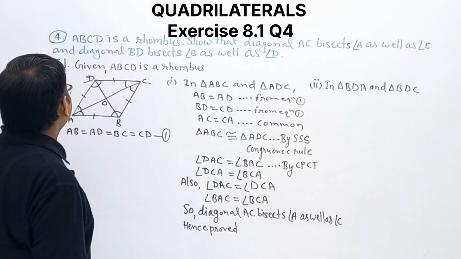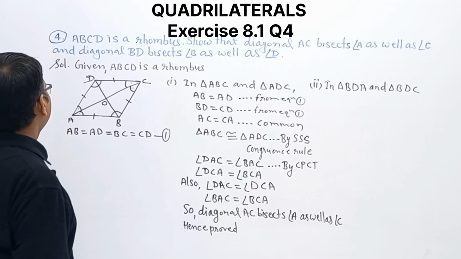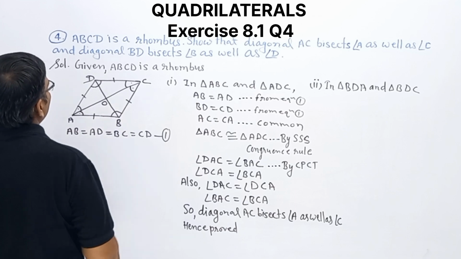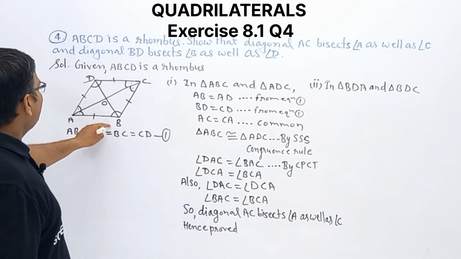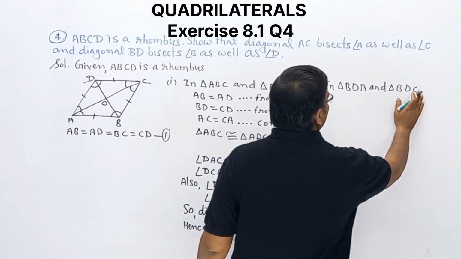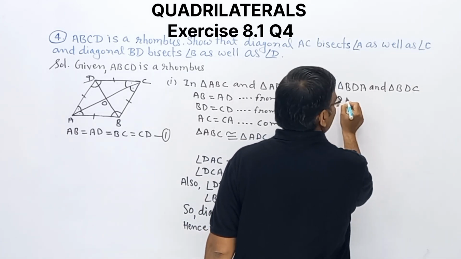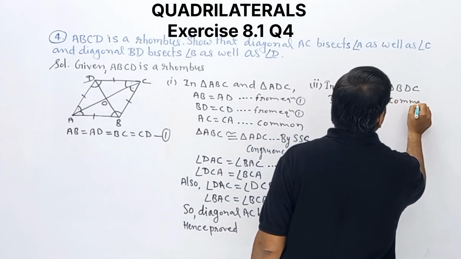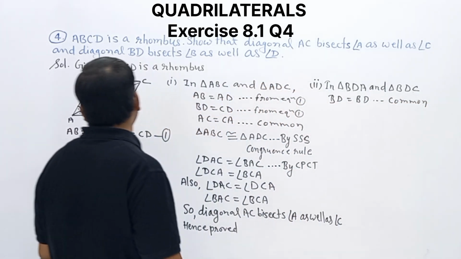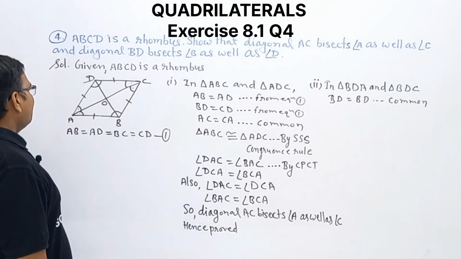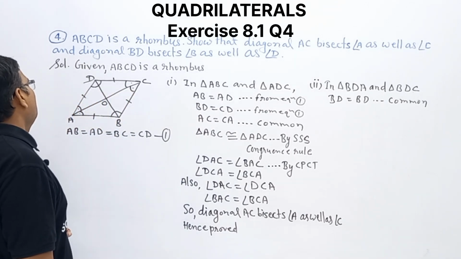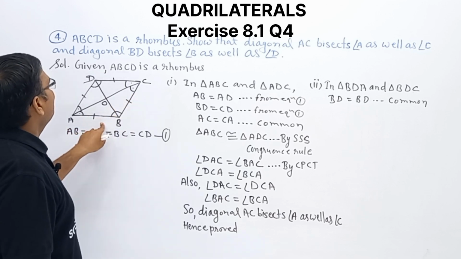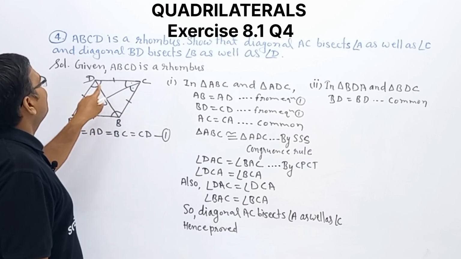Again, in these two triangles, once we observe, we can write BD is common in both. BD equal to BD, common in both. Now two things are required to prove congruence. Another thing, in both triangles, AB equal to BC and AD equal to CD.